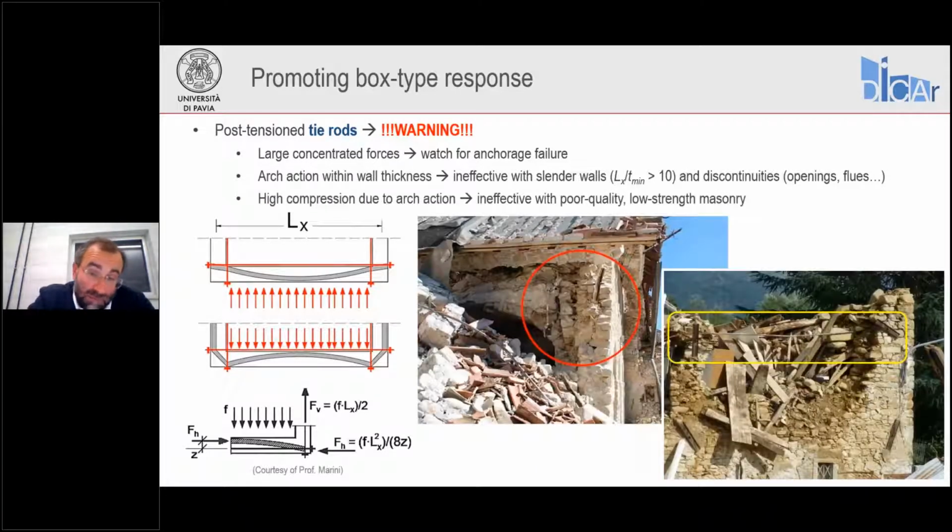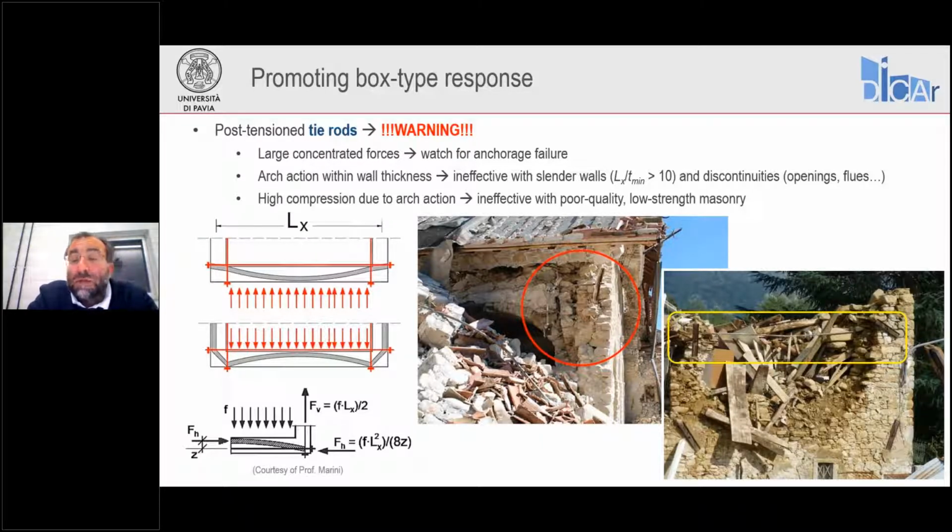Finally, because of the arch mechanism that is developing horizontally within the thickness of the wall, we are also developing very high compressive forces in the masonry. And if our masonry is of poor quality, for example, rubble stone masonry with round stones and very weak mortar, in that case, the masonry may not be strong enough to resist those compressive forces, those thrusts, and simply these walls are destroyed.